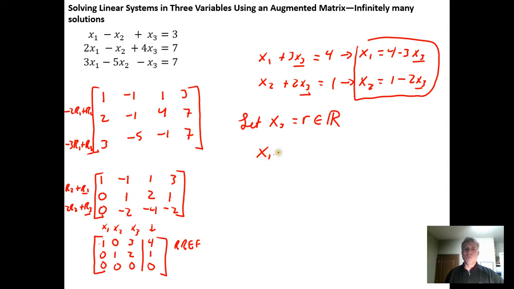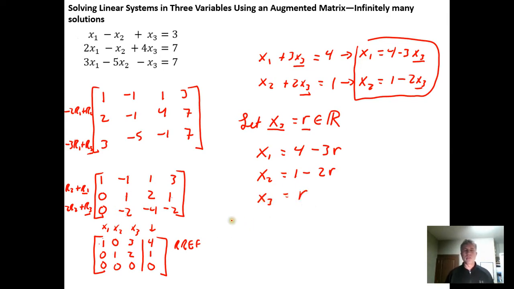So we get x sub 1 is going to be equal to 4 minus 3 times x sub 3, but we just let x sub 3 equal r, so it's 3 times r. x sub 2 equals 1 minus 2x sub 3, but we just said x sub 3 is r. And we did x sub 3 equals r already.